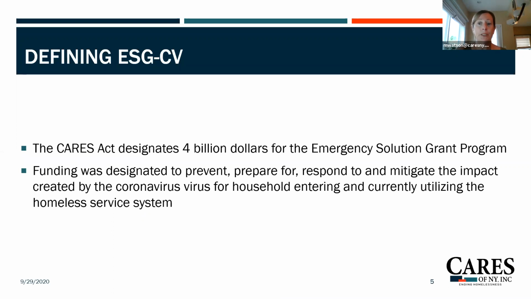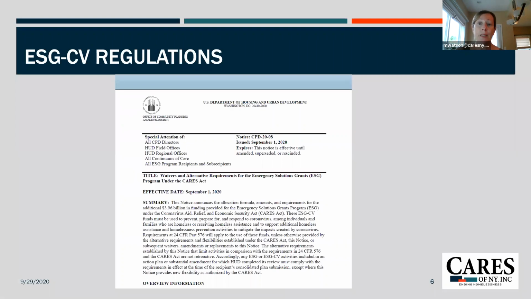Moving on to ESG-CV, the CARES Act designates $4 billion for the Emergency Solutions Grant Program. Funding was designated to prevent, prepare for, respond to, and mitigate the impact created by COVID for households entering and currently utilizing the homeless service system. Next, we'll review the ESG-CV regs.